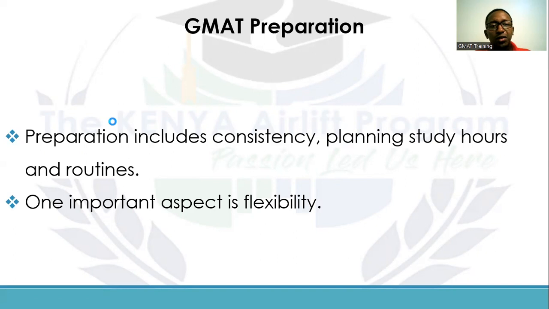If you have work, if you have school, and so on, you probably have to have flexible hours or flexible study times for that.